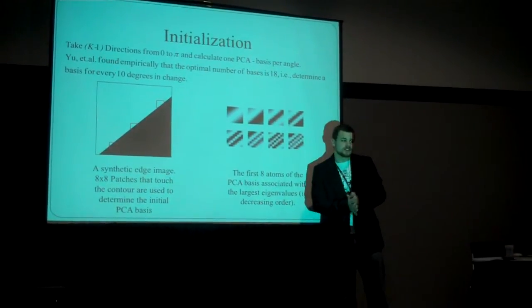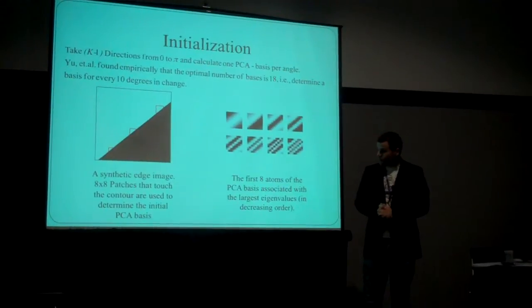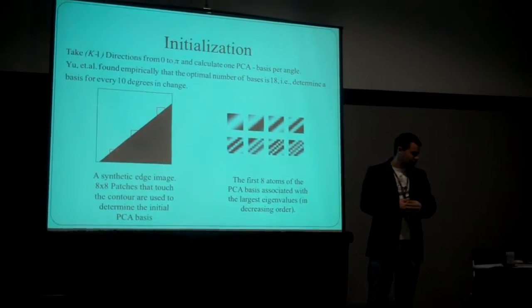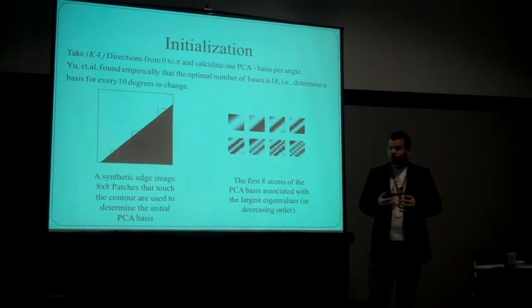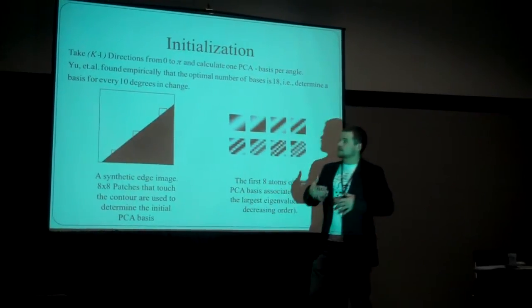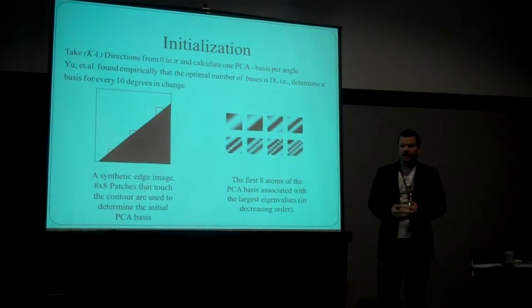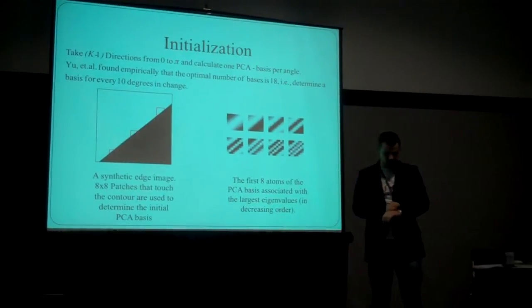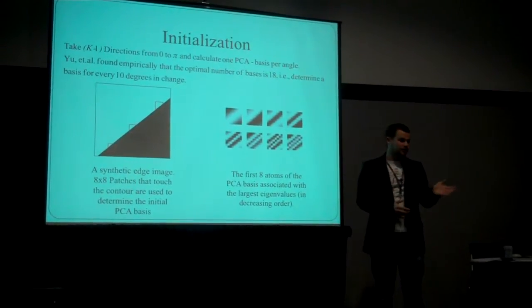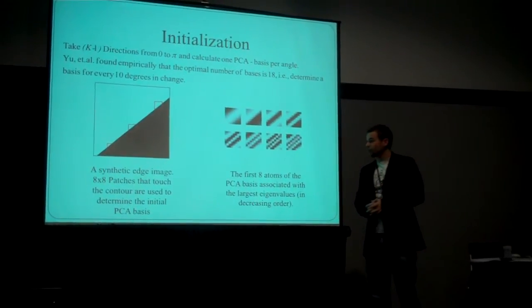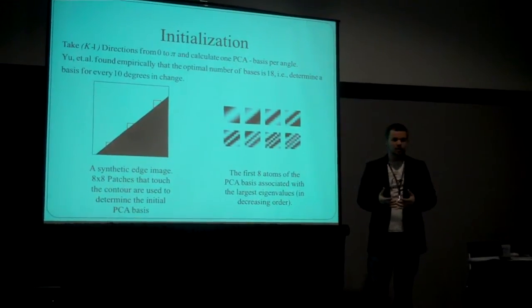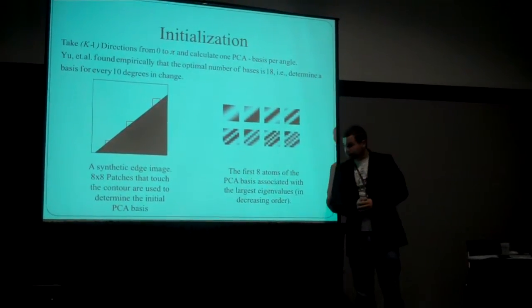Now the tricky part is the initialization. And the way that Superior-Malott found was the best way to do this was to use synthetic edge images. They found empirically, through trial and error, that 18 was the best number of edge images to use, because that takes you from 0 degrees all the way to 170 degrees at 10-degree intervals. So obviously that will represent an edge in an image quite well, no matter what angle it's at.